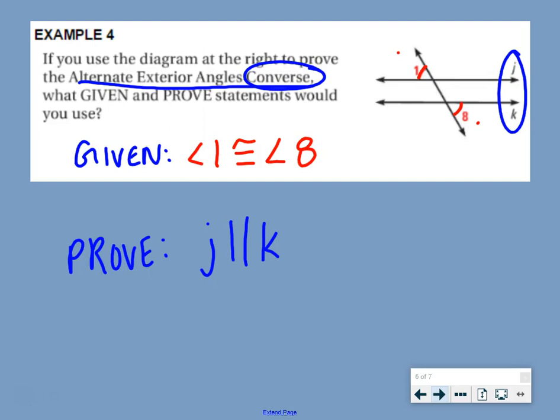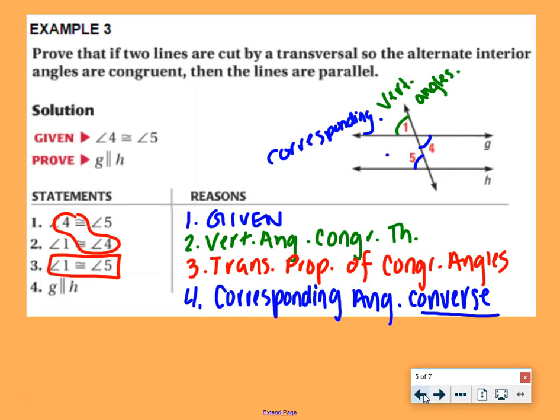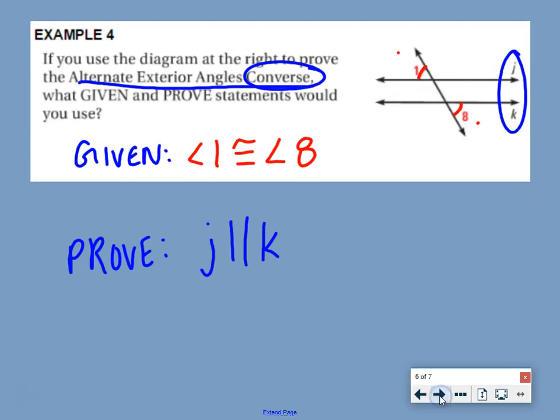Give me some steps in the middle. Kind of complete it like you would this proof. Think it through. See if you can come up with a way to prove the alternate exterior angles converse. And no Googling it.